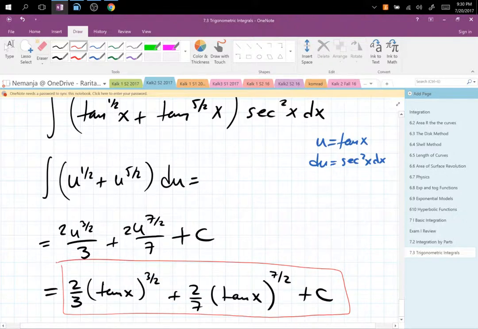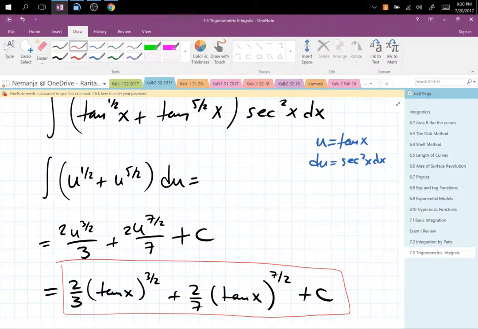That's that. May I ask, can I take out both secant squares of x and then set u equal to tangent x, which would give me u to the 1/2 and then cancel out the secant squares, but I can use that theorem, 1 plus tangent squared x? But you have two secant squares, right?